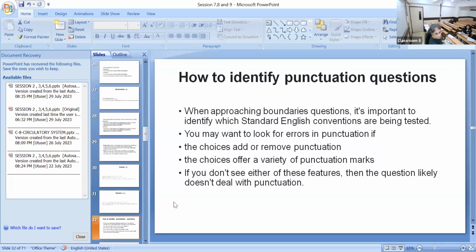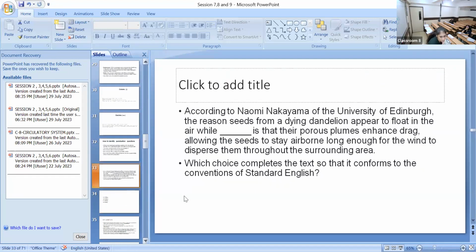Dashes are done. Okay, let's just go quickly into this. Revati, can you read this example, please? Passage: According to Naomi Nakayama of the University of Edinburgh, the reason seeds from a dying dandelion appear to float in the air while dash is that their porous plumes enhance drag, allowing the seeds to stay airborne long enough for the wind to disperse them throughout the surrounding area.